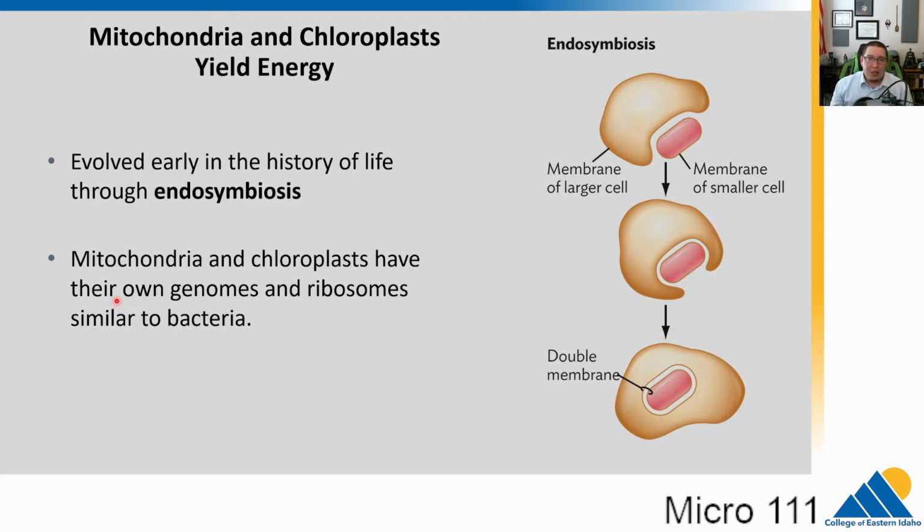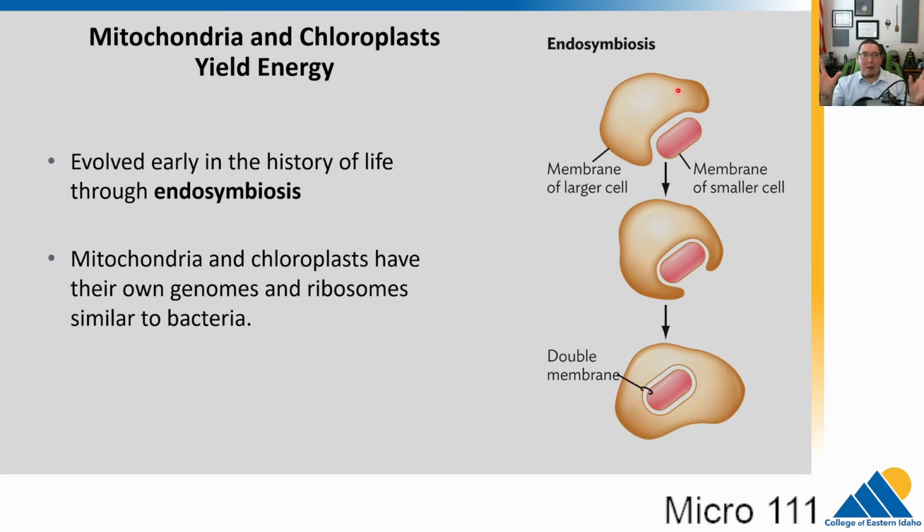hypothesis, we need to present evidence that supports that. That's how science works. So some of the evidence for mitochondria and chloroplast is that they have their own genomes, so they have their own DNA in there, and they have their own ribosomes, very similar to bacteria. Another thing that we see is that they have double membranes, and this is kind of an origami question, right?